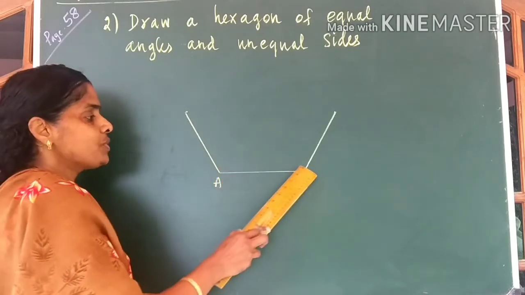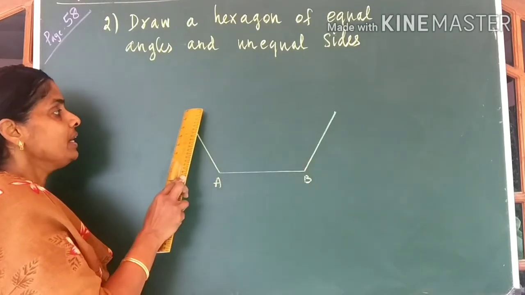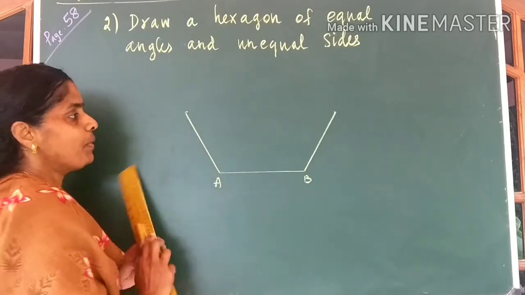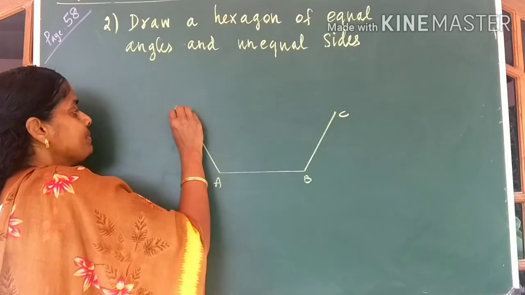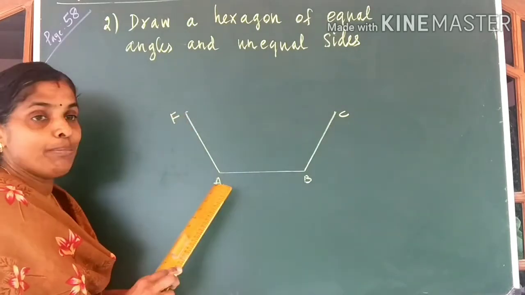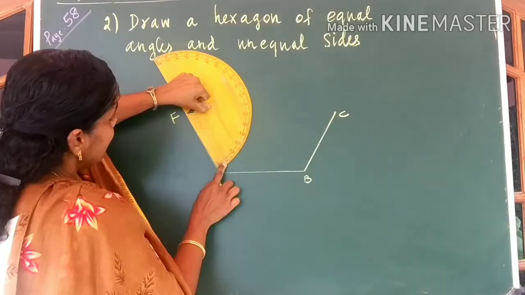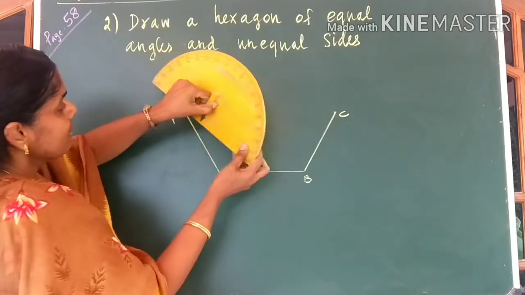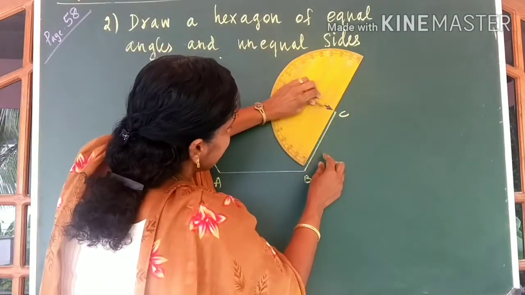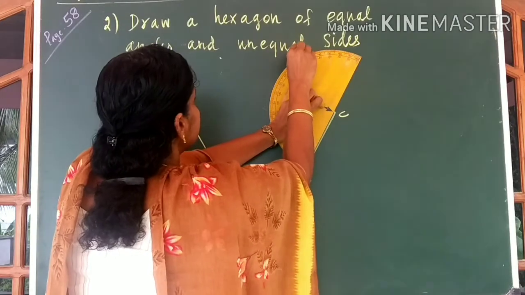So these two angles are 120 degrees. Now again keep your protractor at this point and also at this point. So we can name this point as F. Now measure 120 degrees at C and F. So 120 degrees is here. Keep your protractor at C, 0, 120, 120 degrees is here.